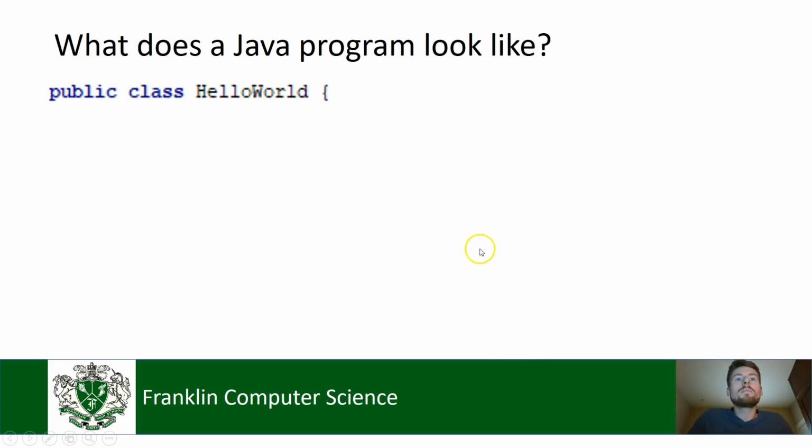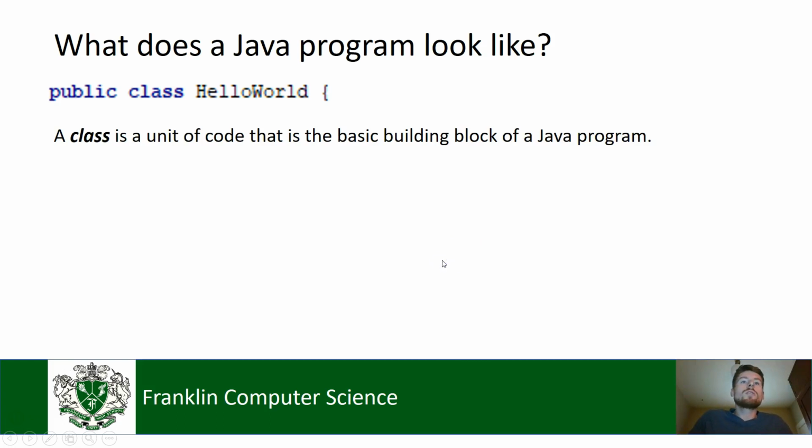So the first line, public class Hello World. So a class, we'll put the word public aside for now. Just kind of write it in there. Later on, when we learn about public versus private, it will make more sense what public means.